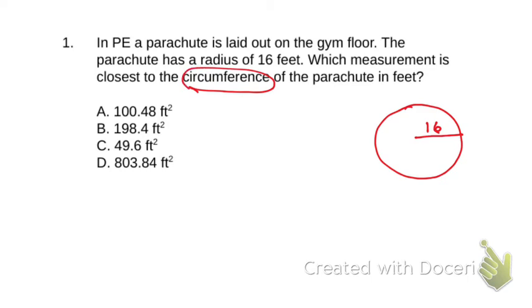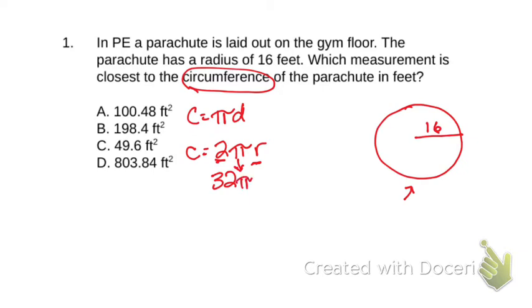So remember, circumference is the distance all the way around the outer edge. And your formula sheet will tell you that circumference is either pi times diameter or 2 times pi times r. Okay, so if I do 2 times the radius, my radius is 16, 2 times 16 is 32, and now the pi, 32 times pi.